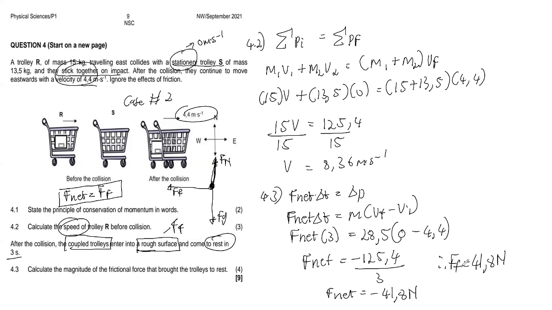Remember, we are just calculating the magnitude, hence we just dealt away with that negative. That negative is telling you that the frictional force is acting in the opposite direction of motion, so it is going to the west. But we are not supposed to include the direction because we are just calculating the magnitude of the frictional force. So, okay, that's how you were supposed to tackle that question.